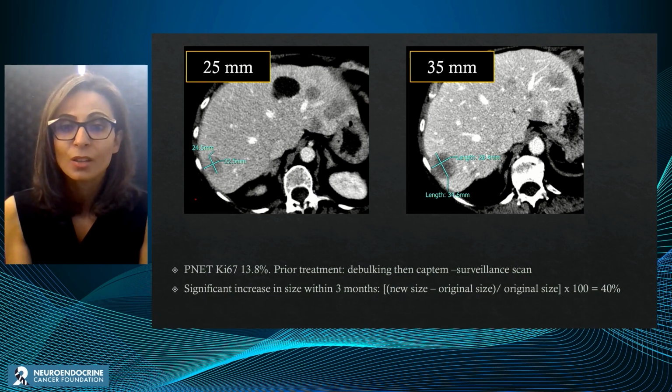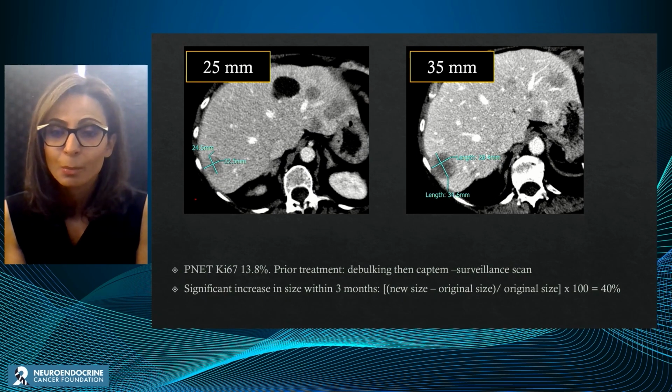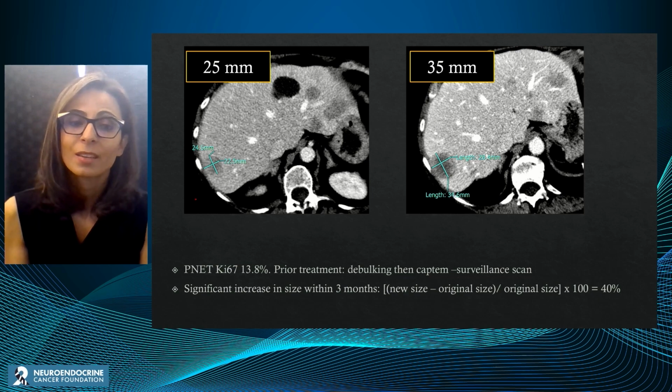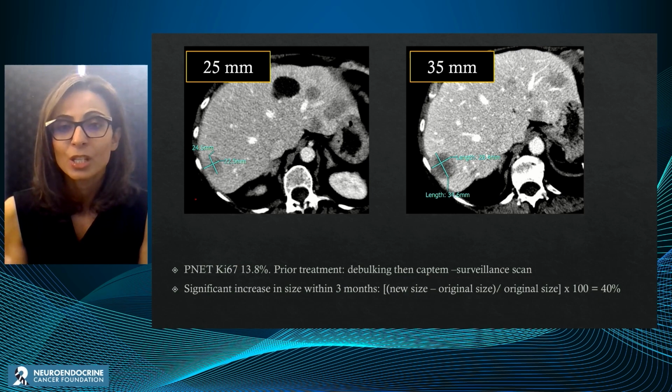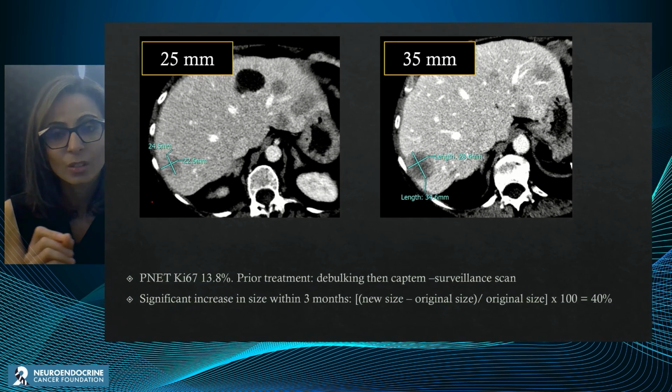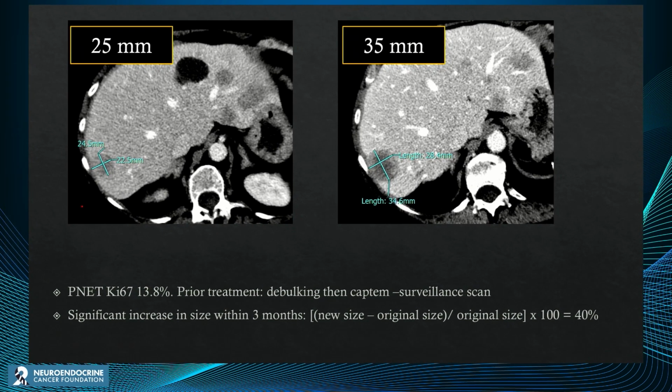Now, this is another case in which we have a pancreatic neuroendocrine tumor. It's a grade 2. This has been treated with debulking first and then with CAPTEM. Now the patient has been on surveillance. Then we see all of a sudden within the period of 3 months, the tumor started growing quicker. Here we have a change in size of about 40% of this liver metastasis. In these cases, we worry about higher grade disease.